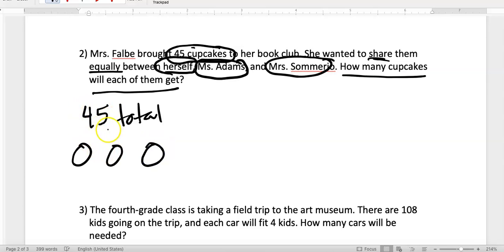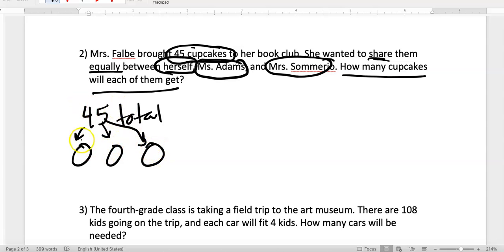So these 45 cupcakes need to go to all 3 of these people, and they need to be in an equal amount. Each person should have the same amount of cupcakes. Mrs. Falvey wants to be fair. She doesn't want to be stingy. She doesn't want anybody to get more cupcakes than the other person. So I need to divide these 45 cupcakes into 3 equal groups so that everyone can get the same amount of cupcakes.